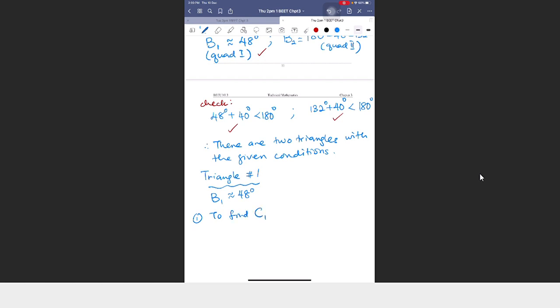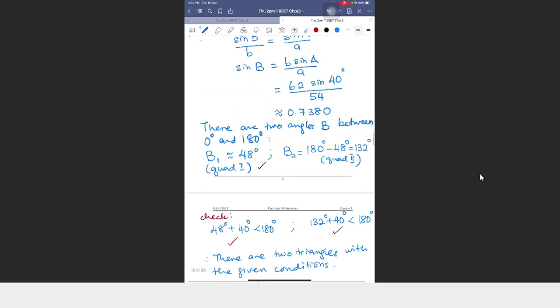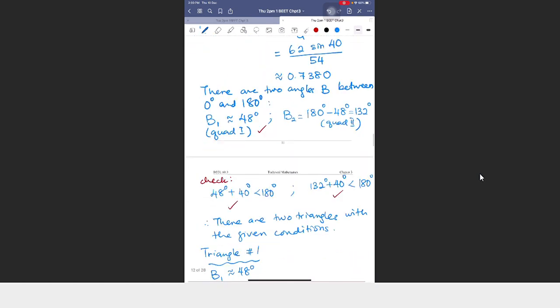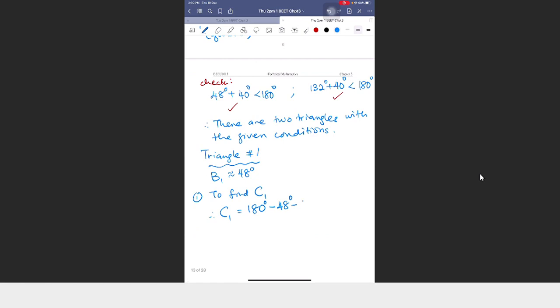C1 is straightforward: it will be 180 degrees minus B1 minus A. A is 40 degrees. So I get 92 degrees. That is my C1.